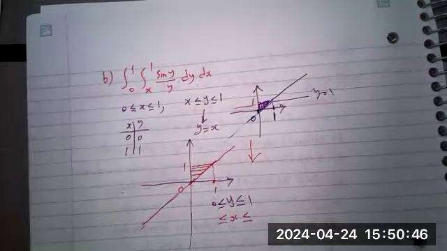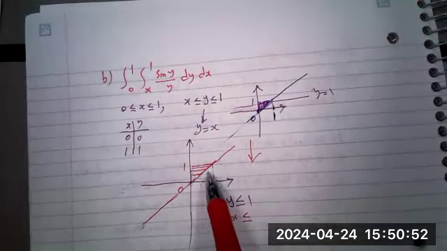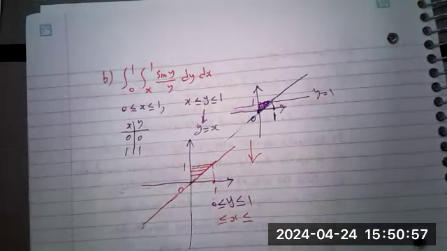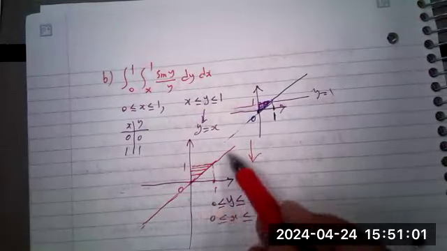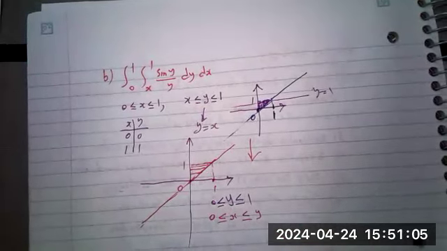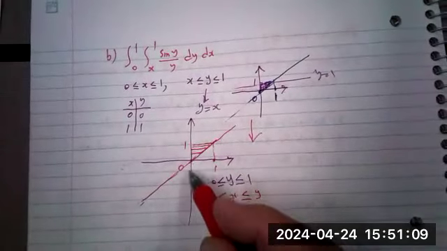So for your x, you are going to the right, to the left. This one is the y-axis, which is x equal to 0, and over here is just x equal to 1. So y is between 0 and 1, because you go up and down.